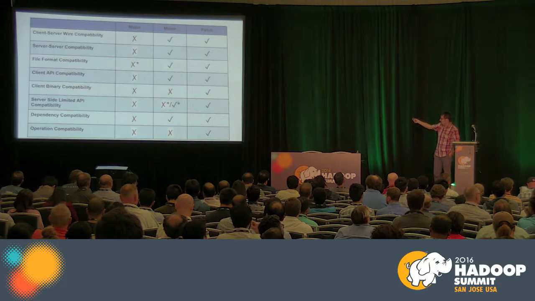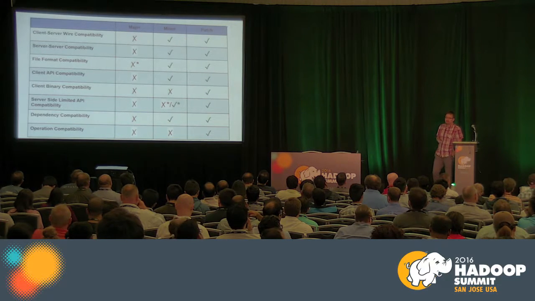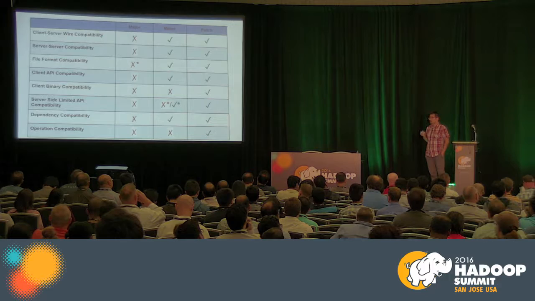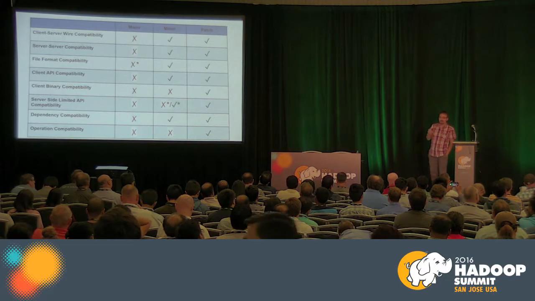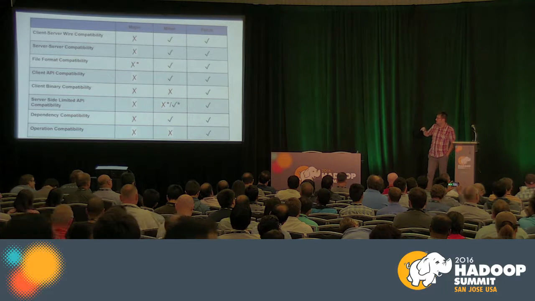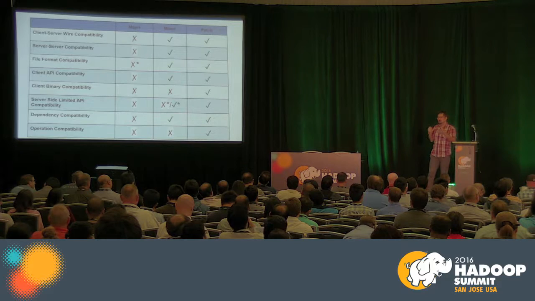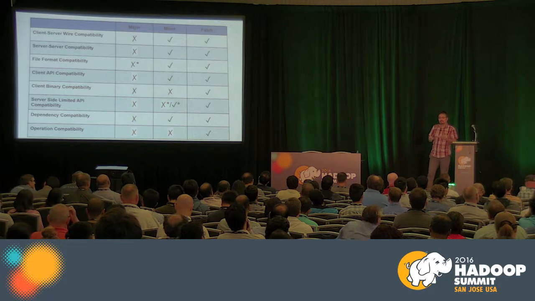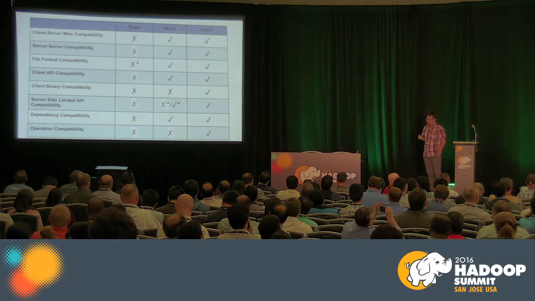There's a star, for example, for the file format compatibility. What it means is that if, in a later release, say HBase 3.0 or HBase 4.0, file formats change, you would still have to be able to migrate your data to the new formats. That's the only guarantee that we're going to have.